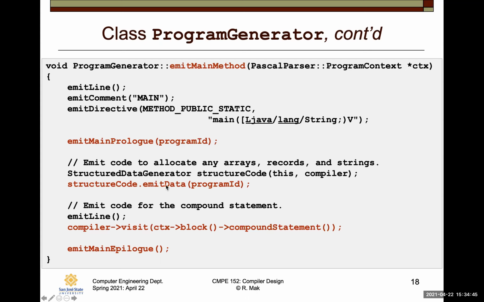If there are any arrays and records, I emit code for that. Finally, I emit code for the compound statement, and then I emit code for the epilogue. Once I've broken everything up into these separate member functions and separate classes, then the code becomes much more manageable.